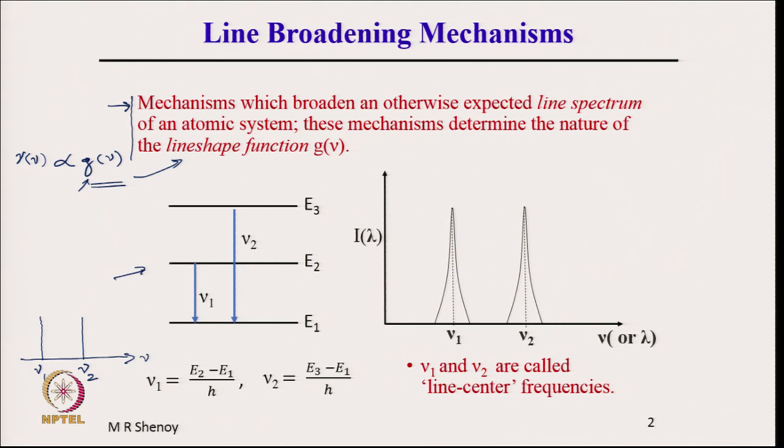If ideally E1, E2, E3 were energy levels with a fixed energy value, then we should have got a line spectrum like this.